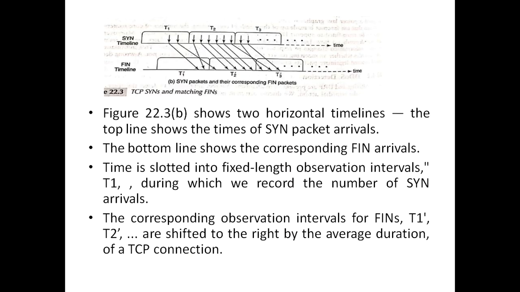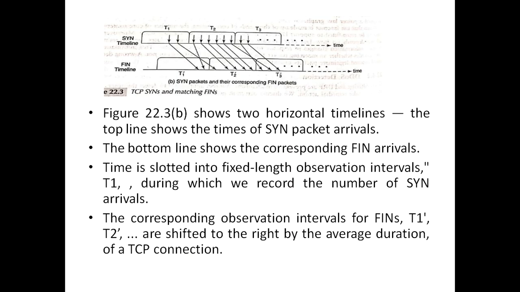Thus, the total number of incoming SYN packets should equal the number of incoming FIN packets. In the event of a connection being aborted, the RST packet takes the place of a FIN. In most cases, the number of RST packets is a small fraction of the number of FIN packets, so we ignore them in this analysis.